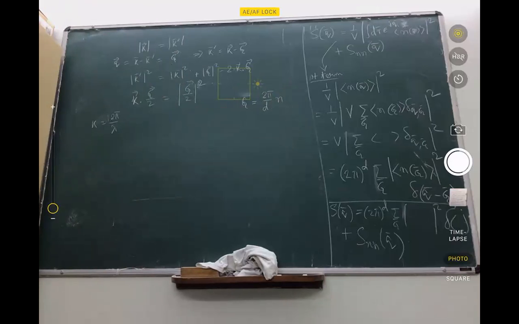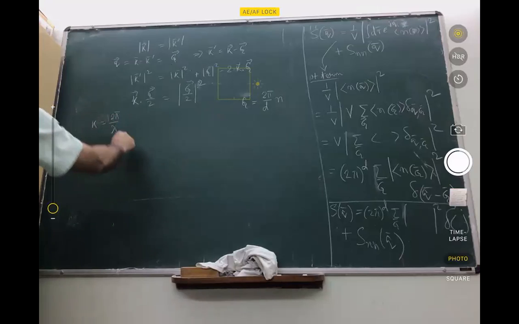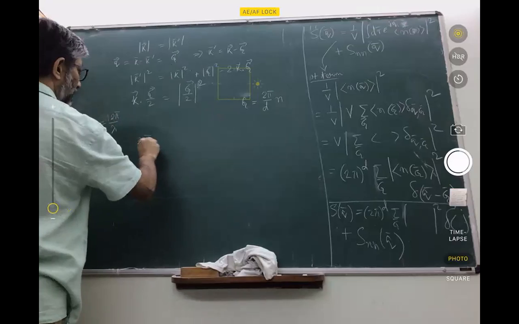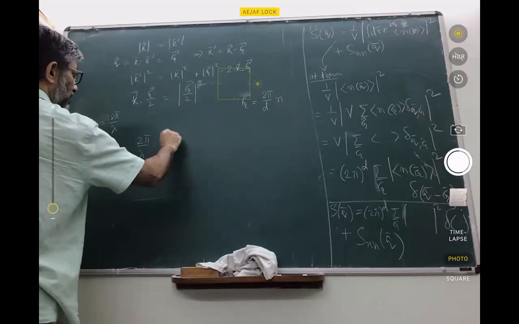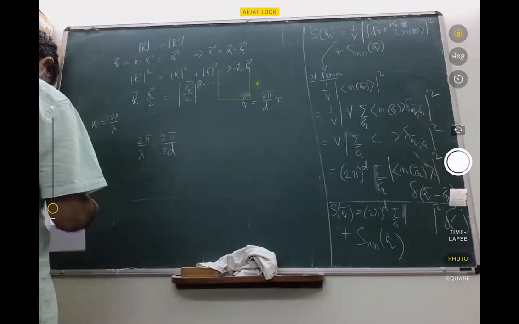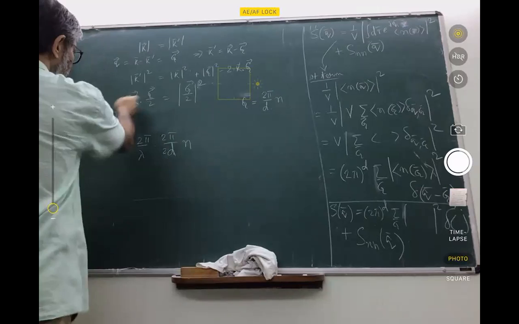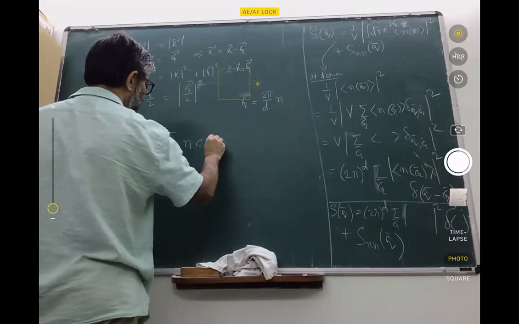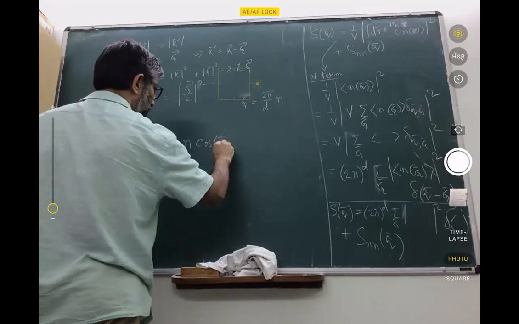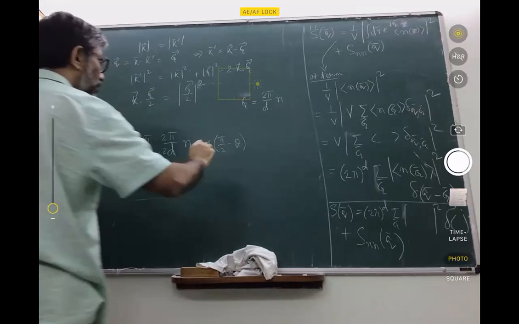So if you plug these things in, what you will get is twice pi over lambda, and then you plug that in, so twice pi times, and there's a factor, the cos theta angle factor, that will come in. So let me draw the figure here.